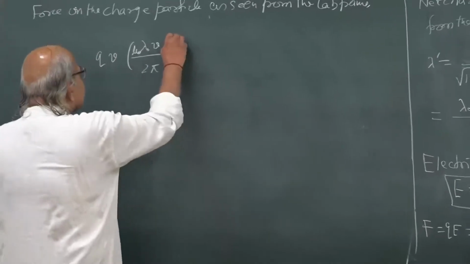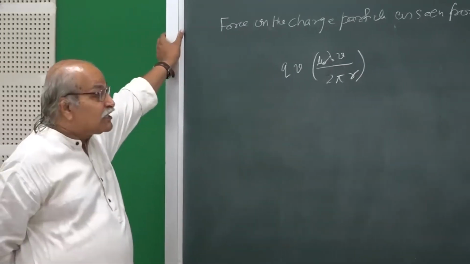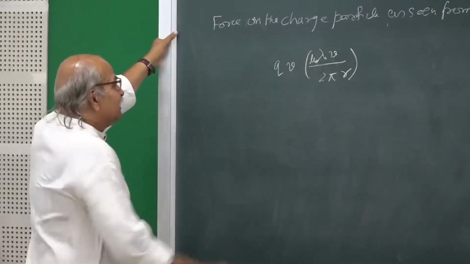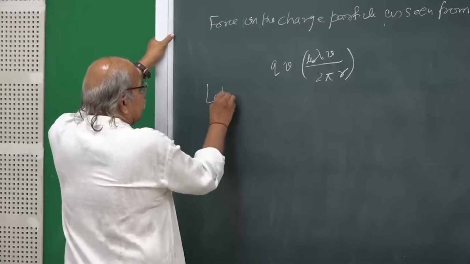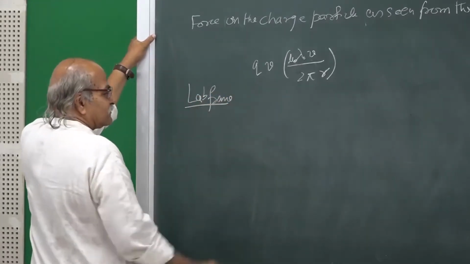So, this will be the force. This much force must be there in the lab frame, but in the lab frame, there is no charge density, there is no electric field.